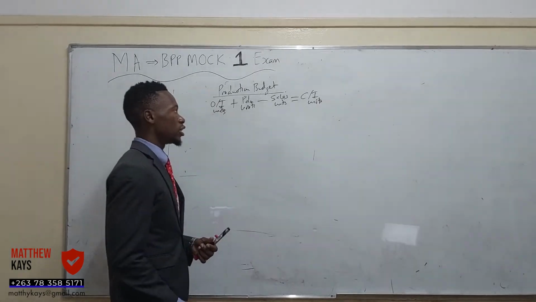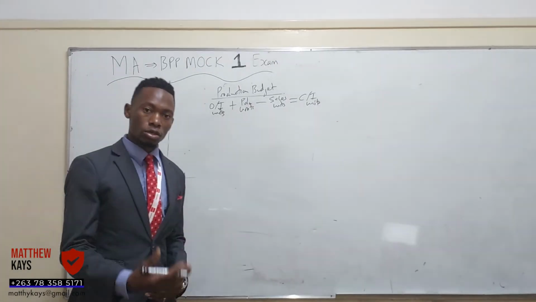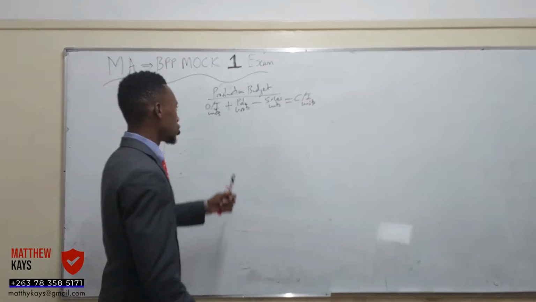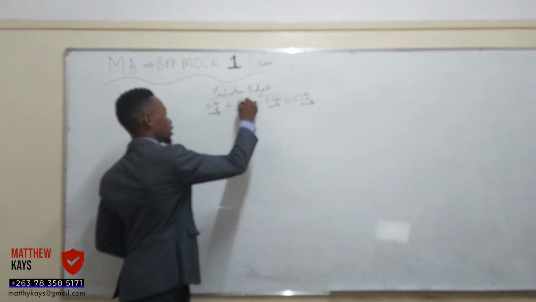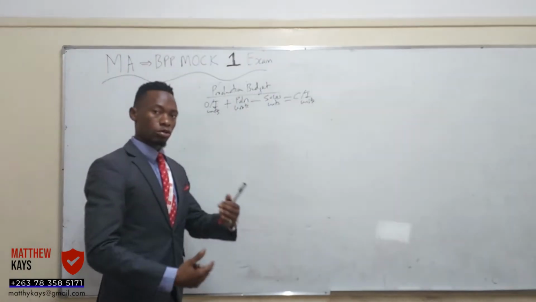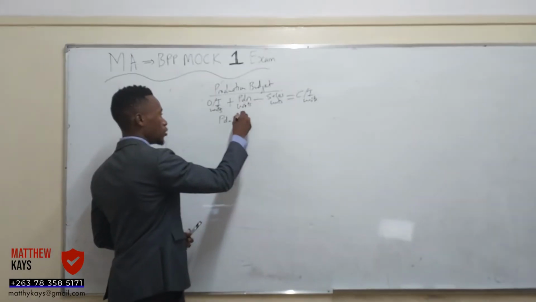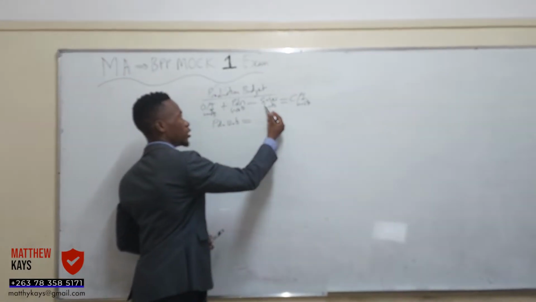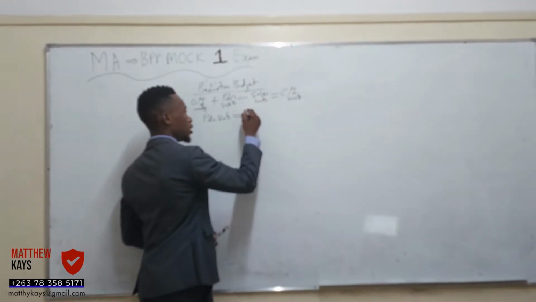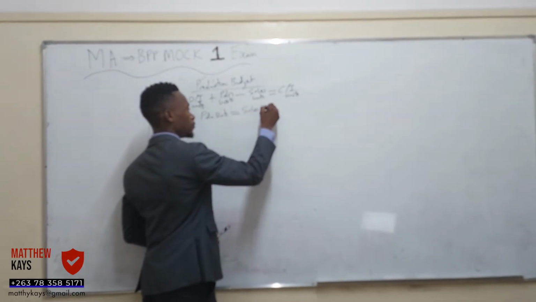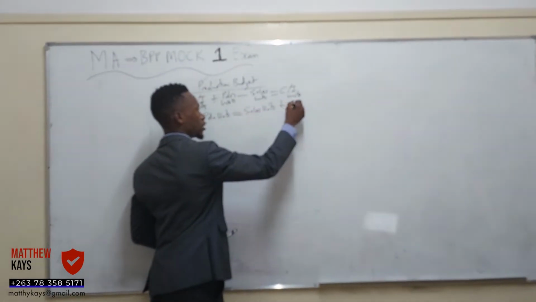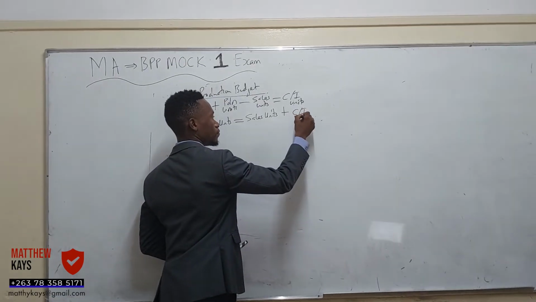So guys, on the production budget, I'll be asked to calculate the production units. So you just make the production units the subject of the formula. You understand? So production units will be equal to, if this goes to this side, the sales units plus the closing inventory units.